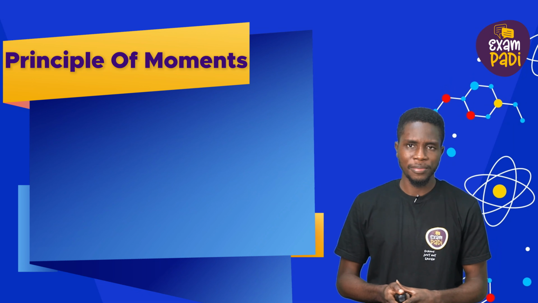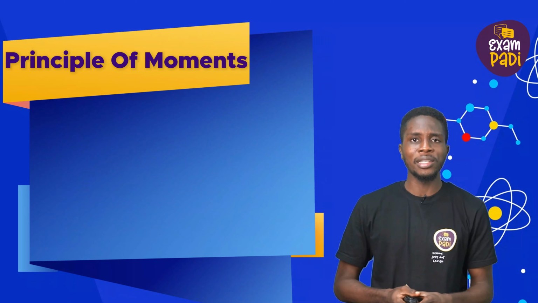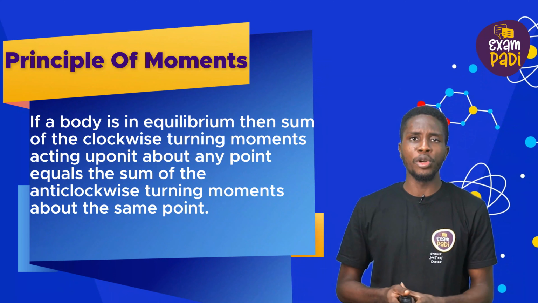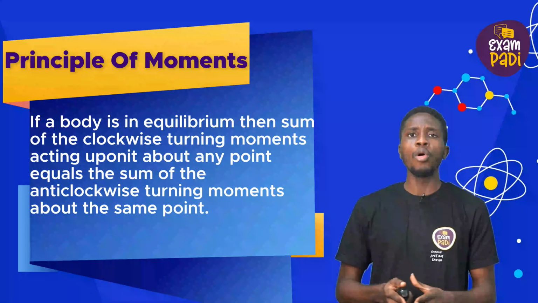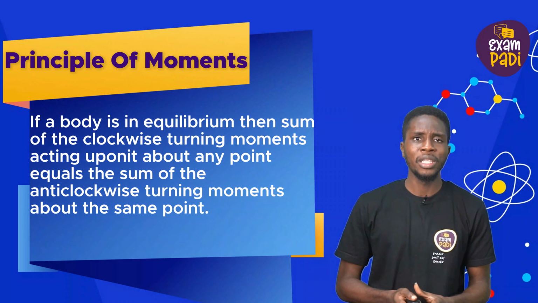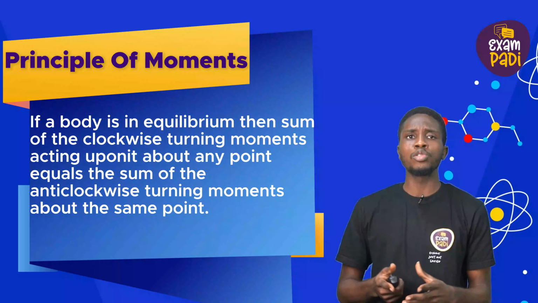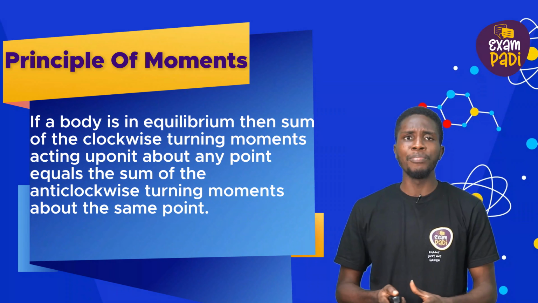Principle of moments. The principle of moments states that if a body is in equilibrium, then the sum of the clockwise turning moments acting upon it about any point equals the sum of anticlockwise turning moments about the same point.